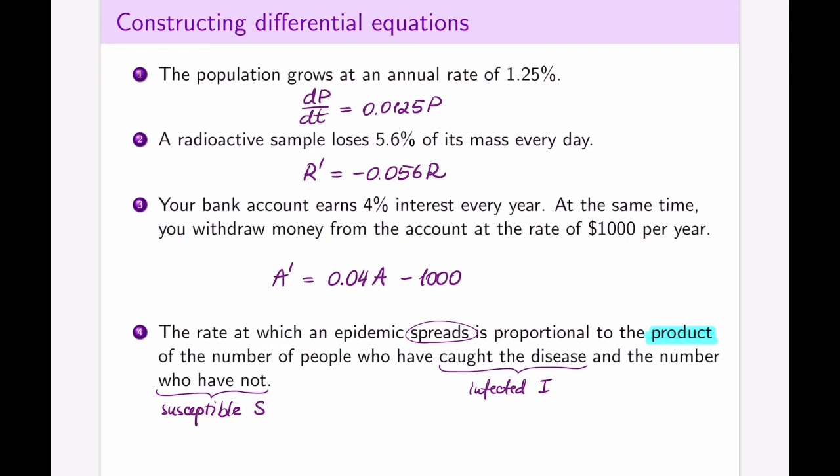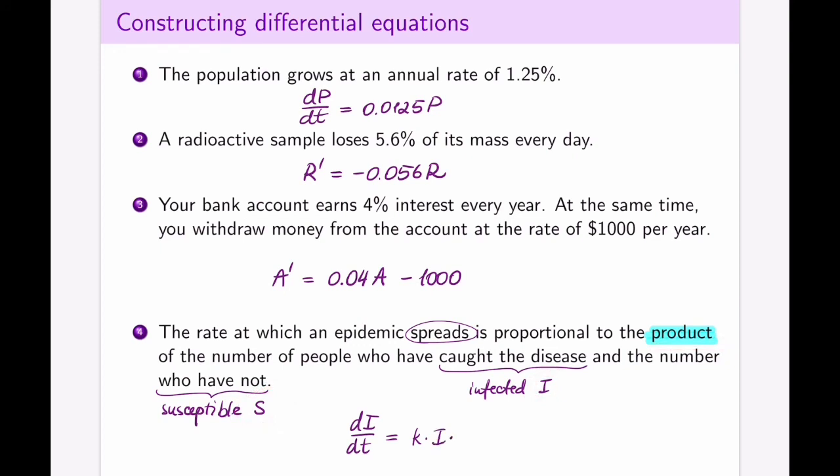So now what we have is that the rate at which the epidemic spreads, the rate at which the number of infected individuals grows, is proportional, so I have the constant of proportionality, to the product of the number of infected individuals and the number of susceptible ones.